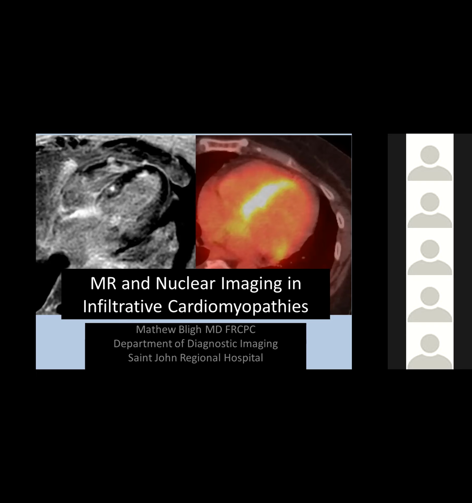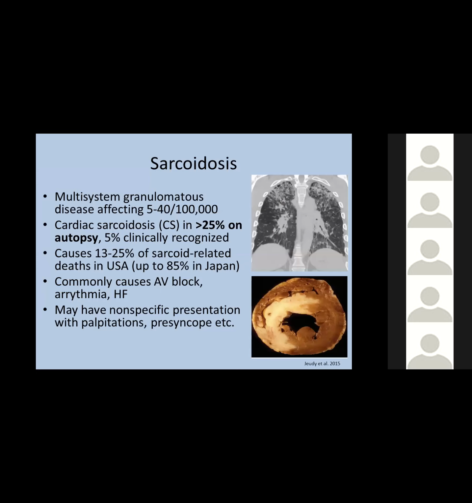So I thought I would talk about MR and nuclear imaging strategies for infiltrative diseases, and particularly sarcoid and amyloid. So I'm just going to jump right in. Sarcoid is a multi-system granulomatous disease. It's actually fairly common. It most often involves thoracic lymph nodes and lung, and then beyond that, various other organs, including the heart. Cardiac involvement is actually not that uncommon.